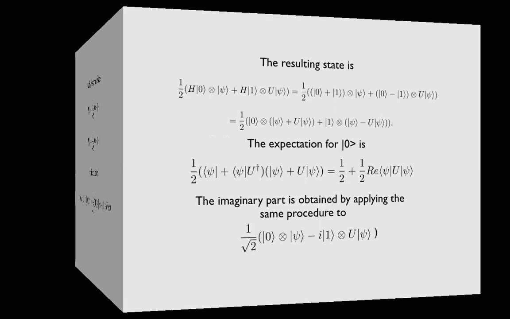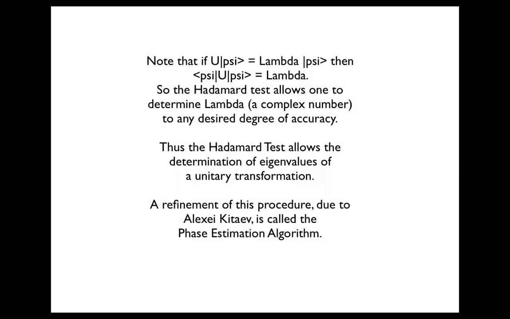Okay. You can note that if you had an eigenvalue, then ⟨psi|U|psi⟩ would be lambda. And so the Hadamard test allows you to determine the eigenvalue to any degree of accuracy. That turns out to be important for other quantum algorithms, not the Jones one the way we're setting it up, where you would like to determine the eigenvalues of a unitary transformation.